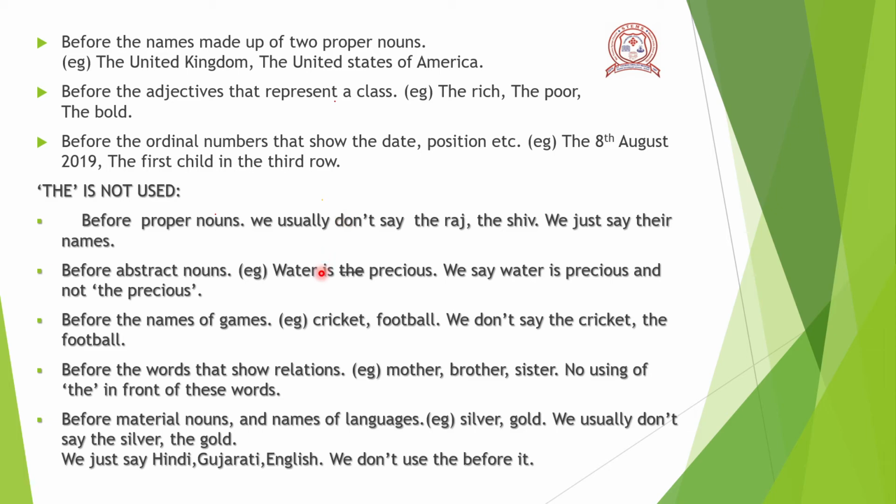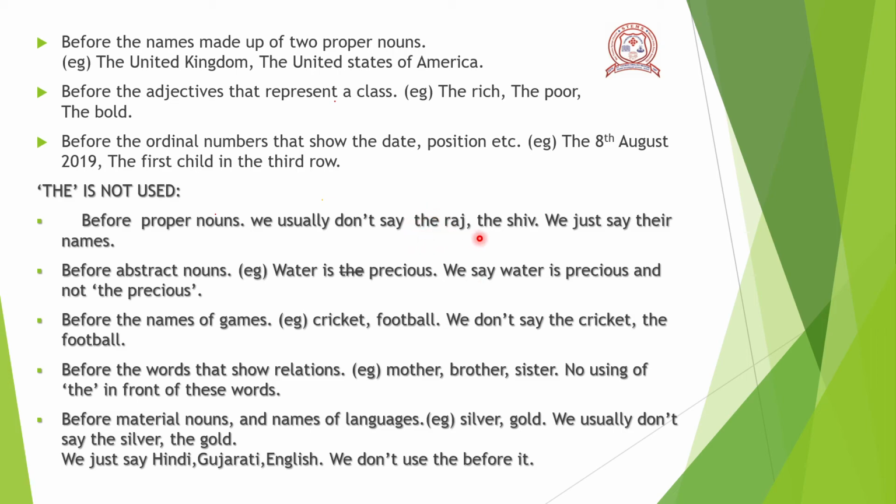Now coming to where you should not use the article the. Before proper nouns, we usually don't say the Raj, the Shiv. It's just names. We just say their names, right? We usually don't give an article the in front of it.